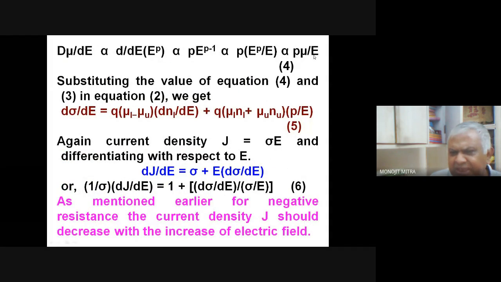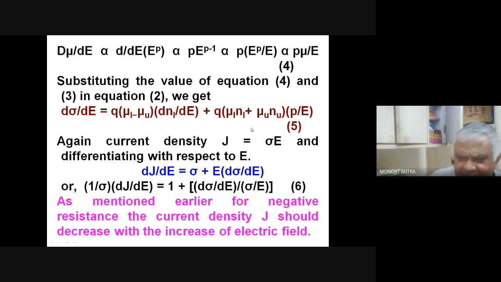So p by e I have kept outside, and this mu I have written as q into mu_l n_l plus this, because as we are differentiating, mu is coming back, so that means I have written here this p by e I have taken outside. Okay, clear? So that is your equation 5.